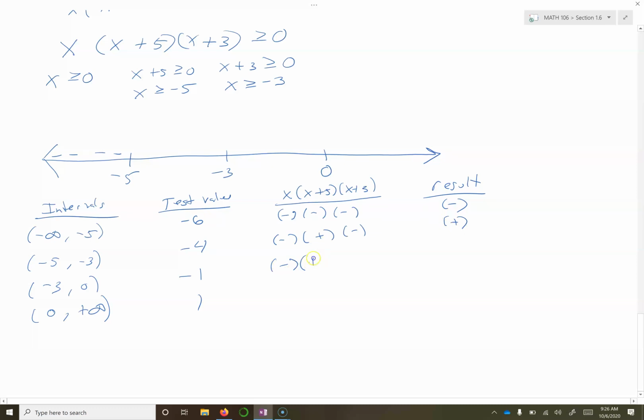Negative 1 plus 5 is positive. Negative 1 plus 3, positive. So we're left with negative. I should be filling these in. And then finally a positive 1. Looks like they're all going to be positive. So we have positive.